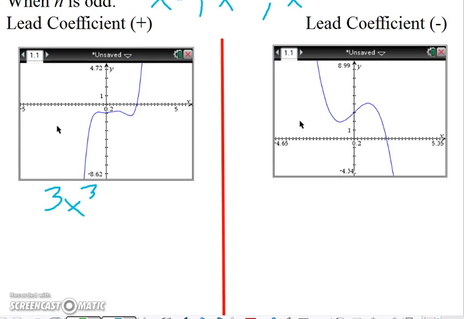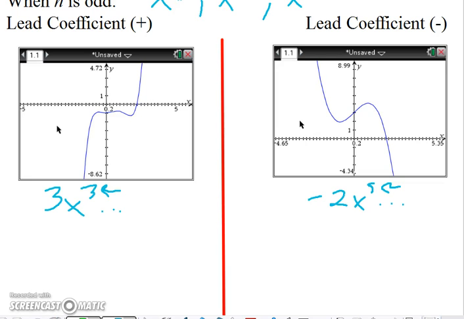And then on this side the lead coefficient is negative, it might be negative 2x to the fifth, and so on for both of these. There's going to be more stuff there, but it's an odd function because it's cubed. Don't confuse this even and odd with what we talked about a couple weeks ago. This is strictly when we say n is odd, that's the highest power.